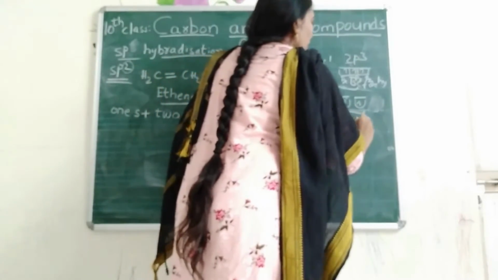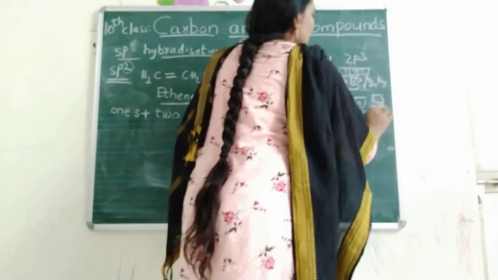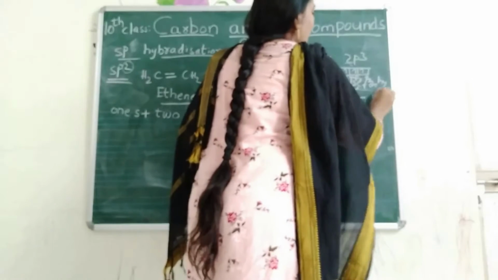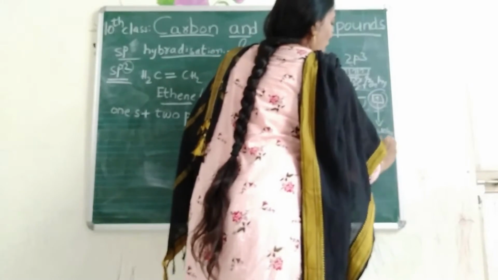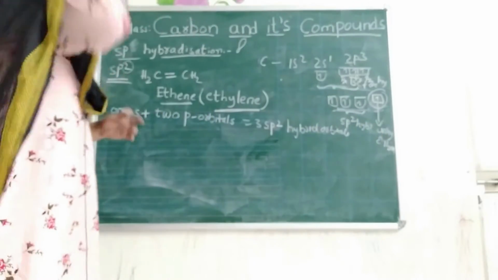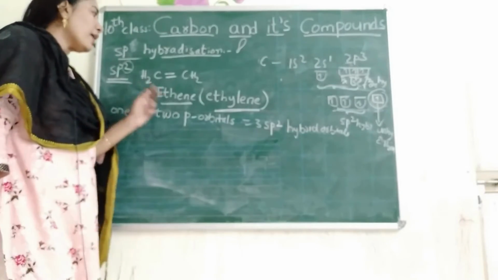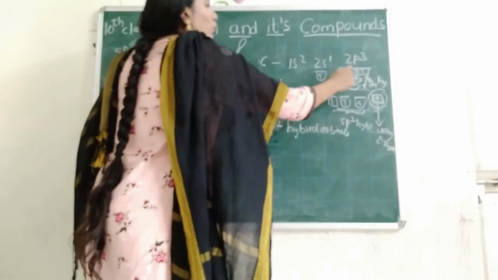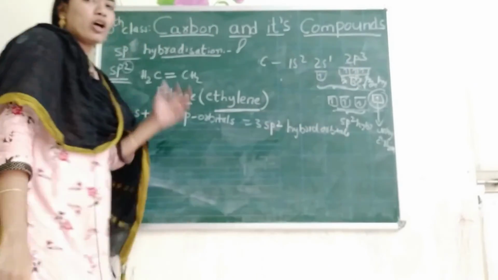These three are sp2 hybrid orbitals and one p orbital remains, the pz orbital remains as it is, and this is called the unhybridized orbital. So in sp2 hybridization, one s orbital intermixes with 2 p orbitals and forms 3 sp2 hybrid orbitals.